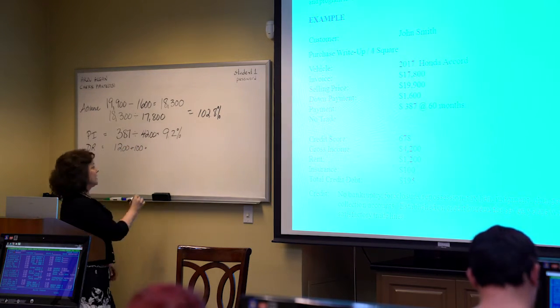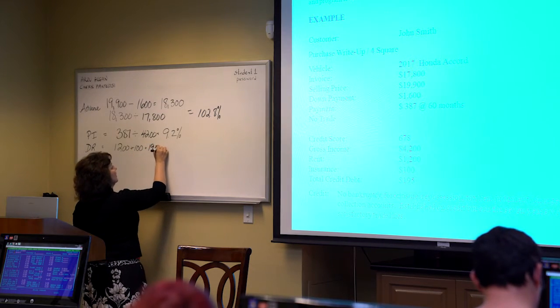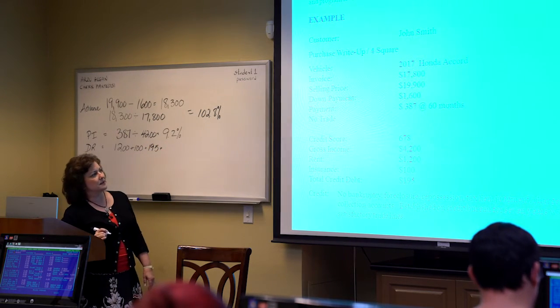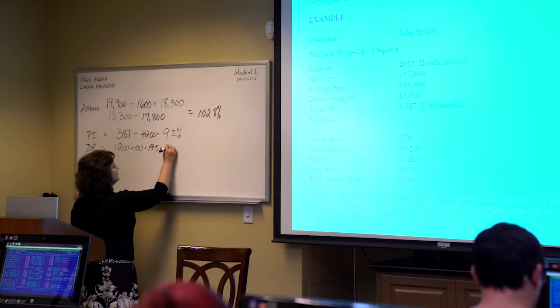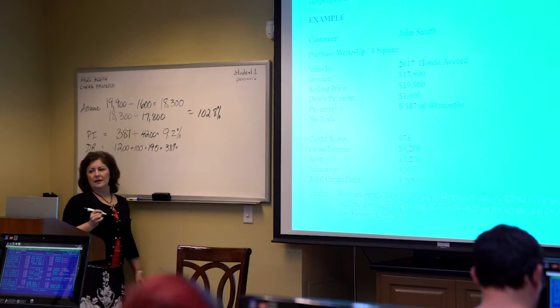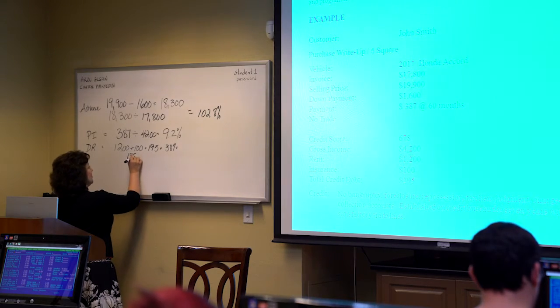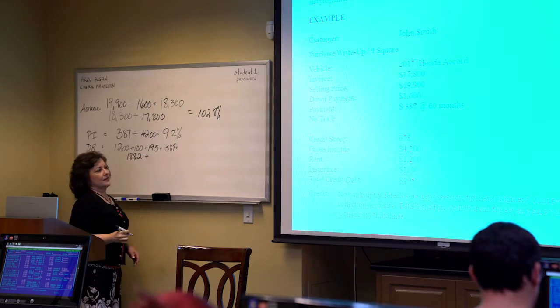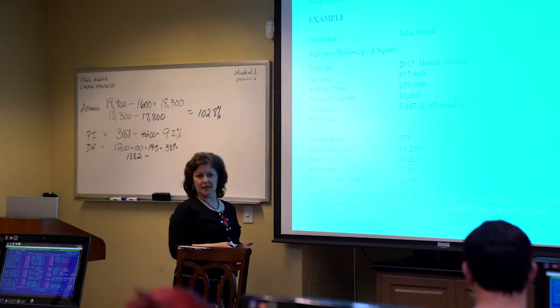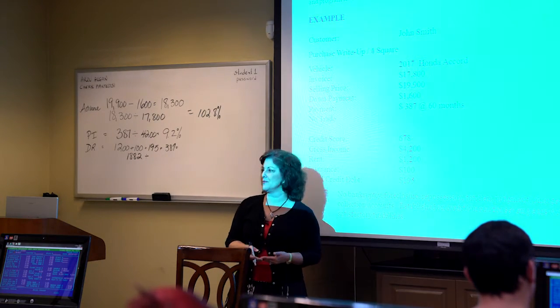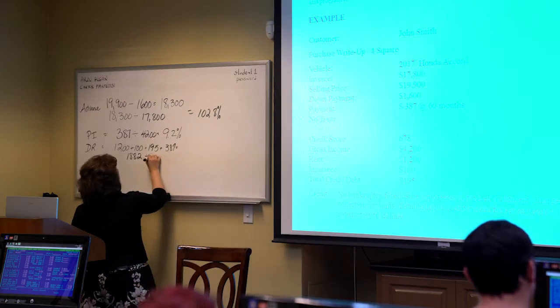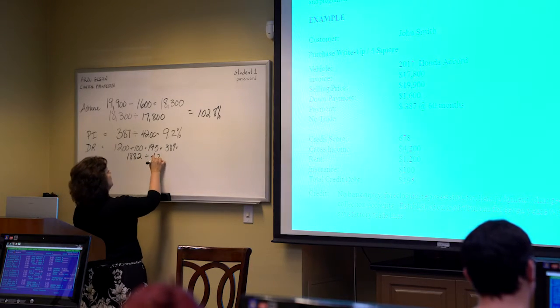Credit payments are $195, and the proposed car payment is $387. What do those total? 1,882. Now I divide that by their gross monthly income to see what their actual debt ratio is. And his income is 4,200.